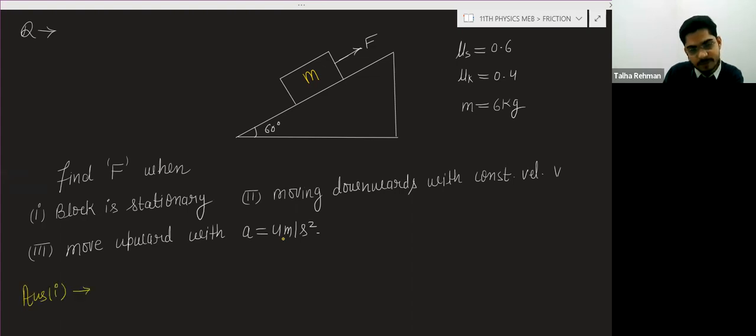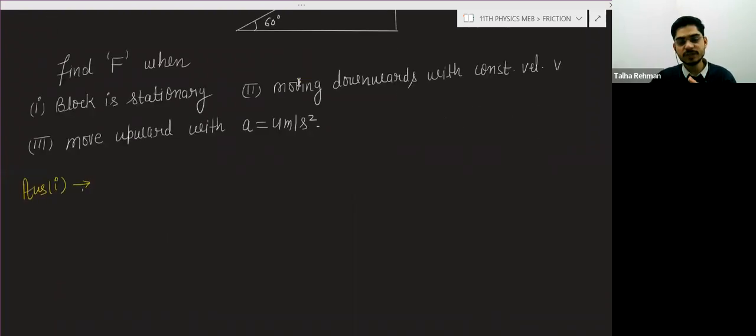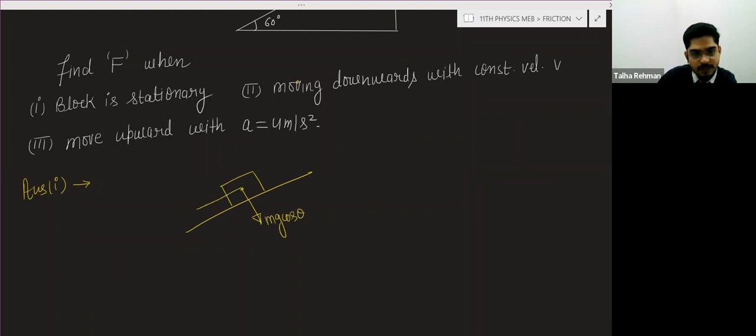In answer first, we will find the value of the force when the block will remain stationary. This is the surface and this is the block. In this direction, perpendicular to the surface, the component of the weight of the block is mg cos theta, and in this direction, mg sin theta.